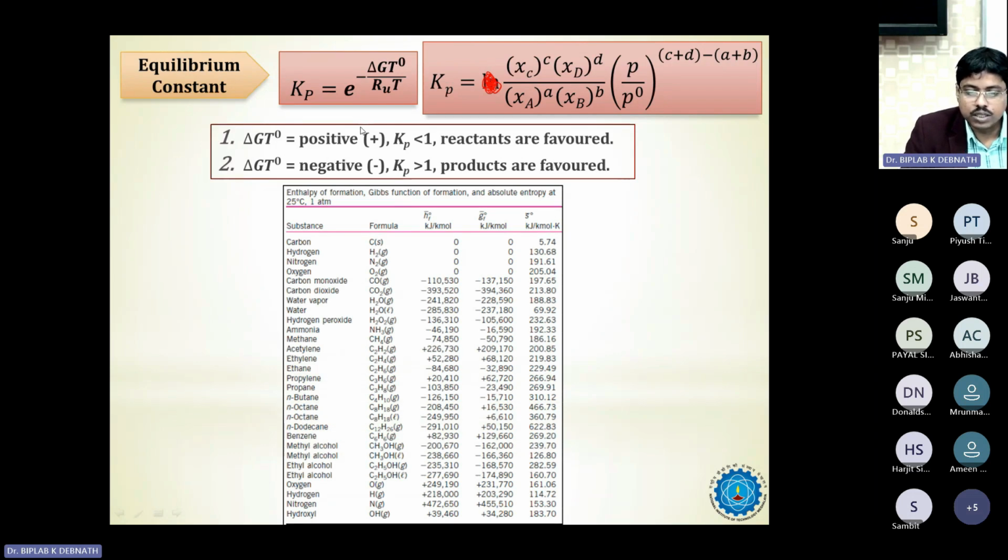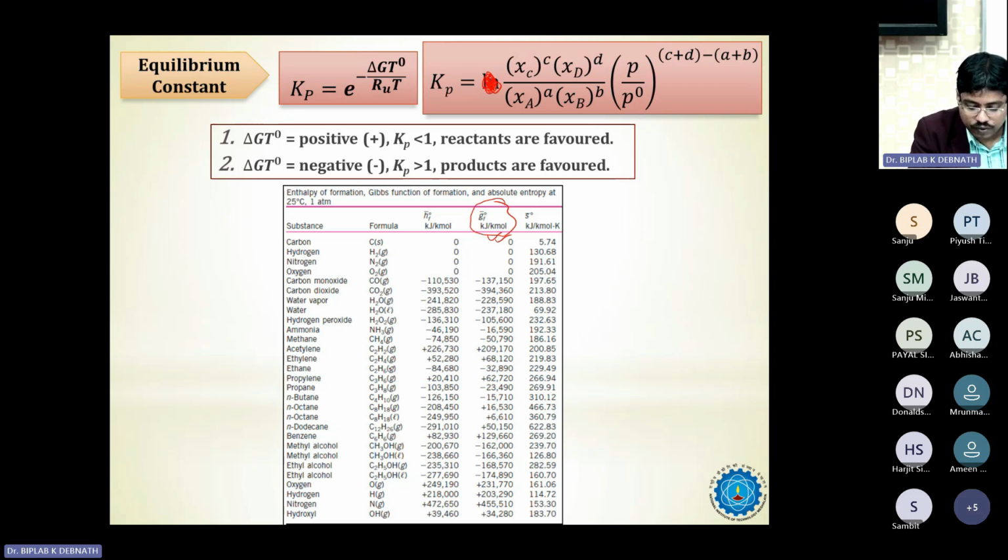So in this particular table, you can see the standard state Gibbs function is given in column number 4. The unit of this is kilojoule per kilomole. You can also write joule per mole; the kilo will cancel out.